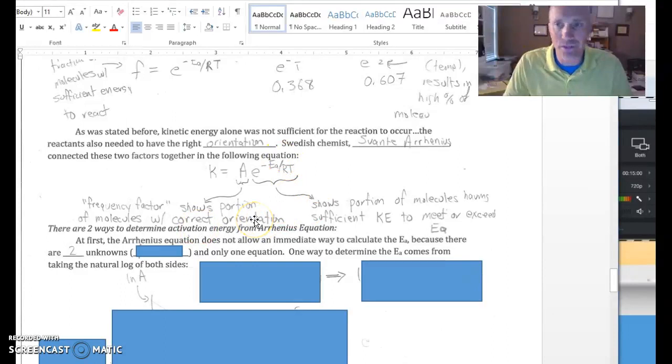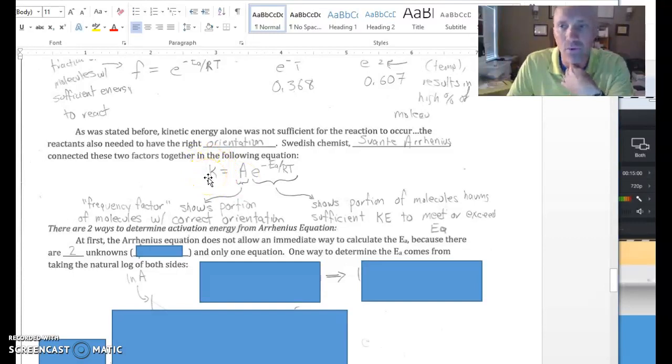So what can we do with the Arrhenius equation? At first when you look at this, it doesn't offer an immediate way to calculate the energy of activation, because there are actually two things in this that we don't know. Just going through some of the things in the equation, what have we figured out ways to calculate and what have we not? Rate constant: could we figure out the rate constant?